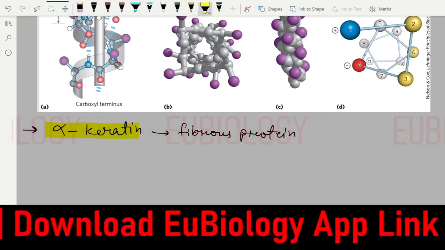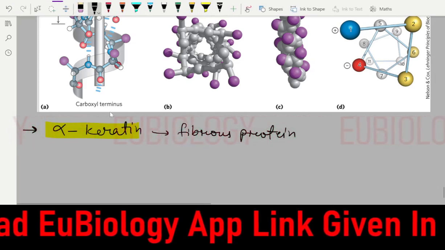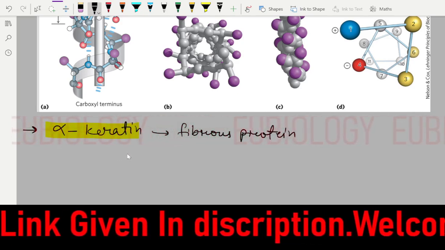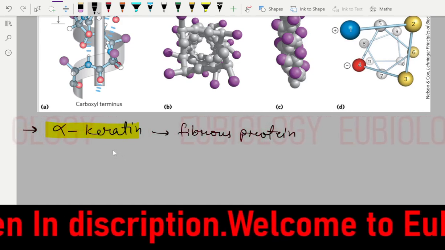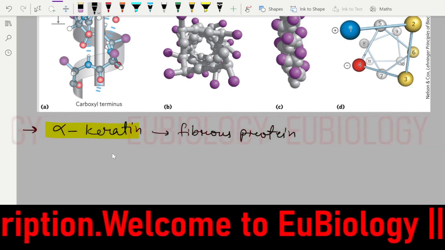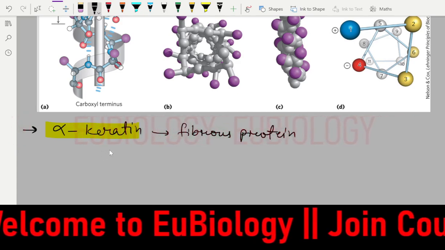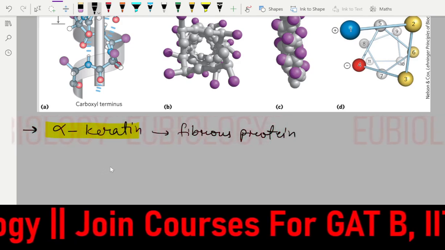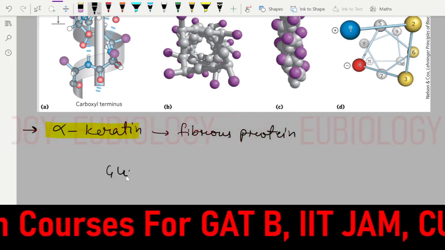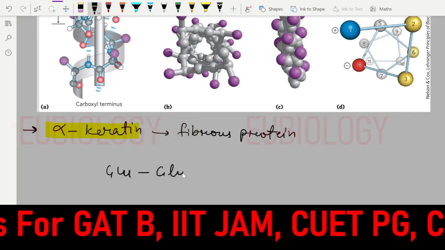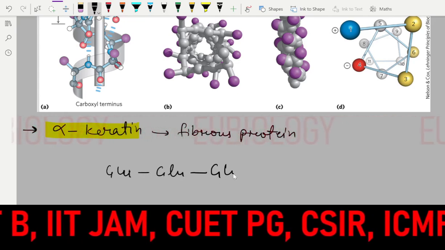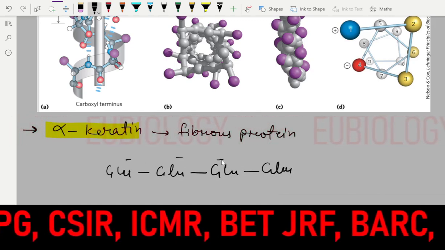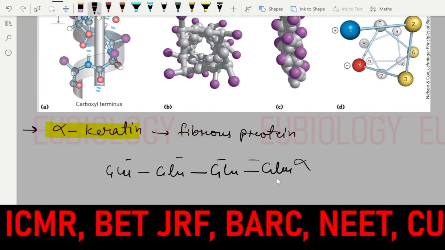What are the factors which affect the alpha helix stability or structure? Alanine shows the greatest tendency to form an alpha helix in most experimental model systems. If there are only negatively charged amino acids in the repetition, it cannot be stable because the repeated negative charge will not be stable.